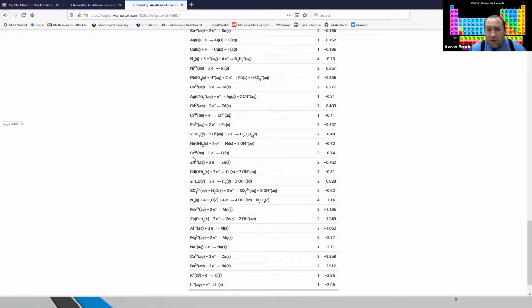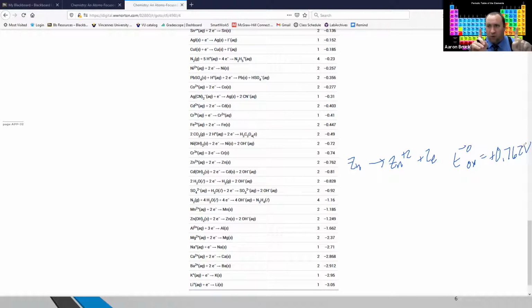Look at an example. We've got zinc. Zinc is reacting as an oxidizing agent here and becoming reduced. Very negative value, negative 0.762. Not so great. Which is why, if I flip this around, zinc metal turning into zinc ion would have a standard oxidation potential of positive 0.762 volts.